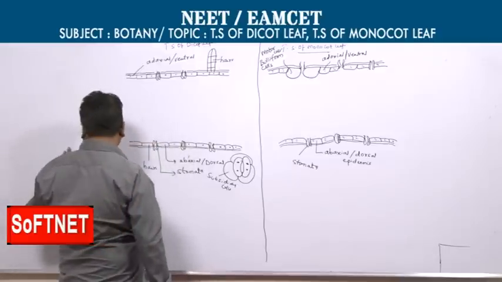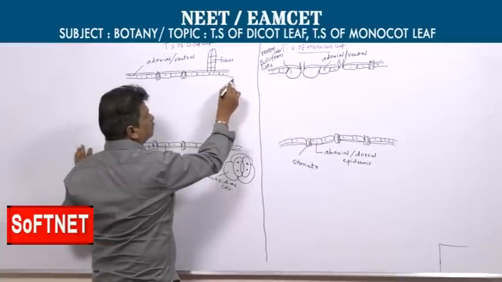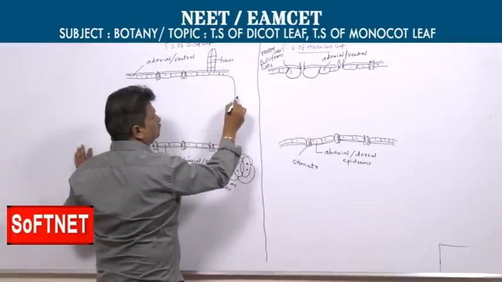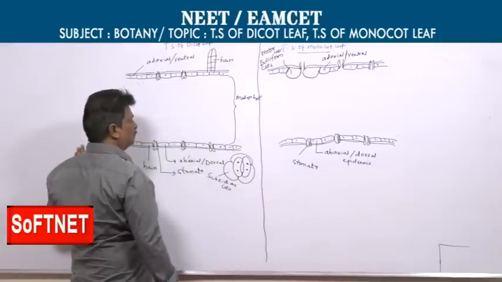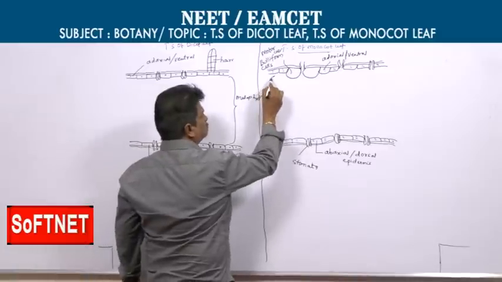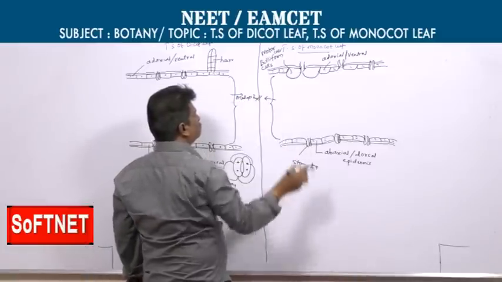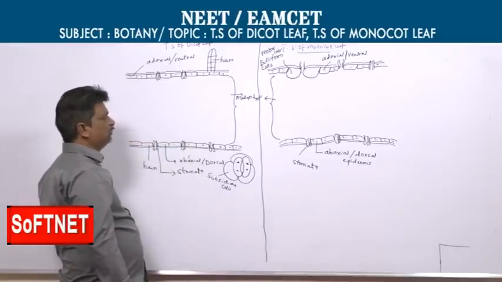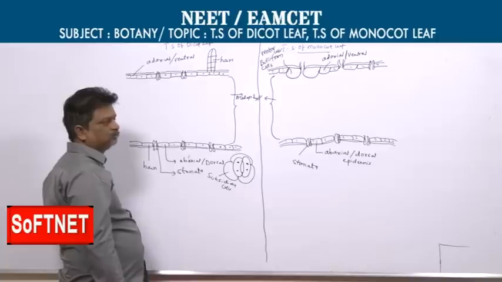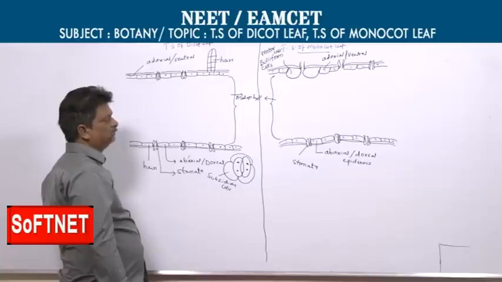The next one, mesophyll. The portion in between upper and lower epidermis is called mesophyll. Mesophyll is present in both leaves, and it is dominantly parenchymatous.